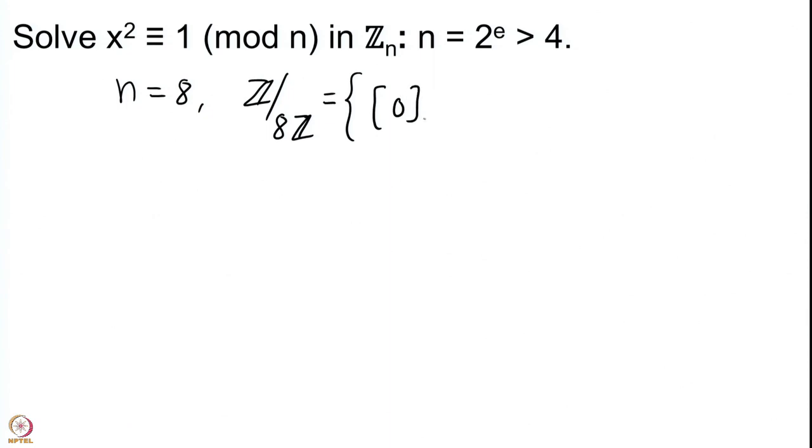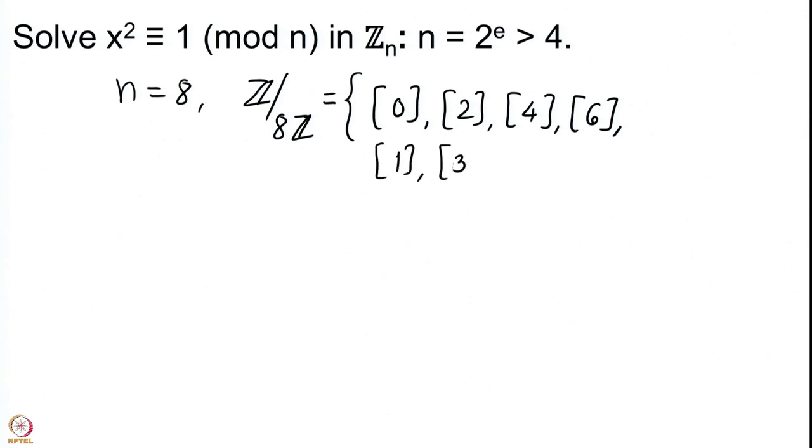We have 0, we have 2, we have 4 and 6. I am writing all the even classes first, then I write the odd classes.